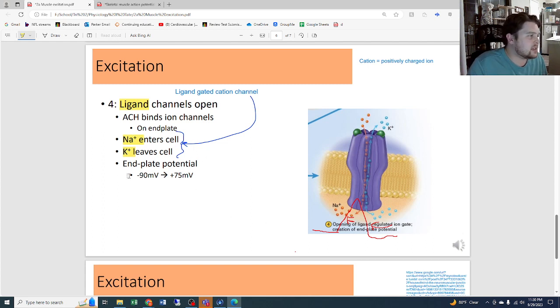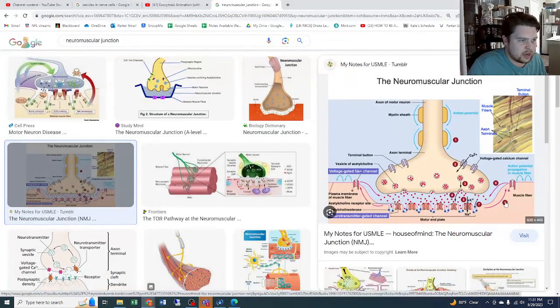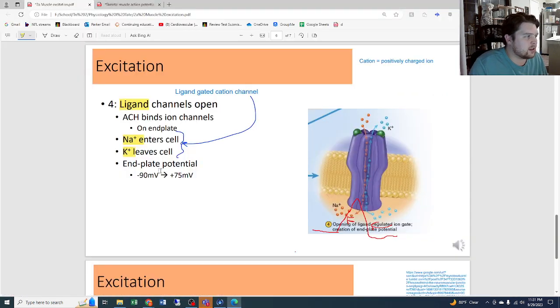And what this does is it changes the voltage at the end plate. Remember, the end plate is this part right here. So here at this motor end plate, the voltage, that potential, starts at -90. In the previous graph, in the previous lecture, we saw it at -80. It's in that range, -80 to -90.